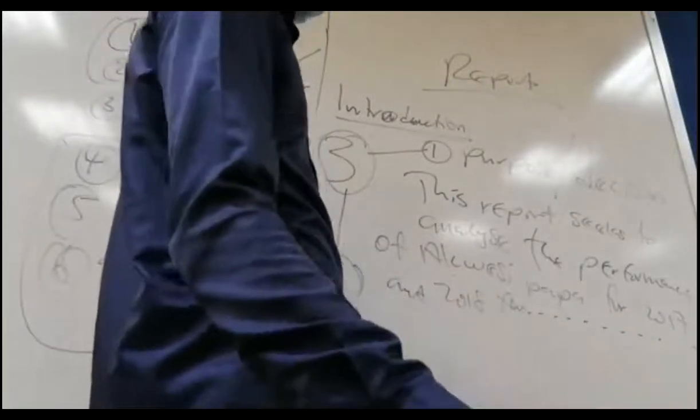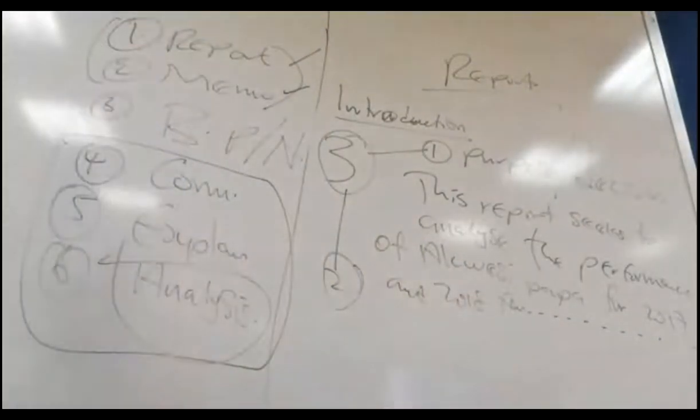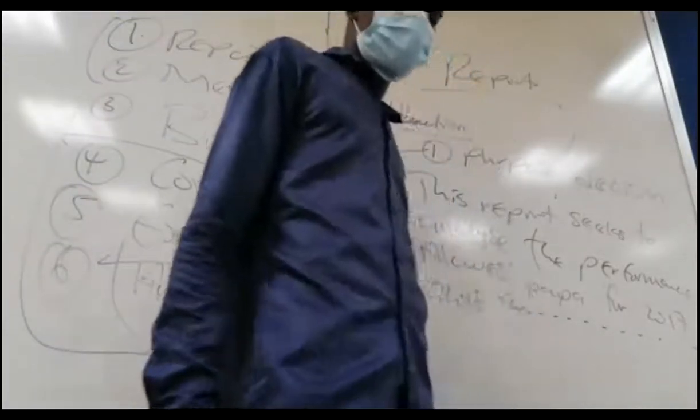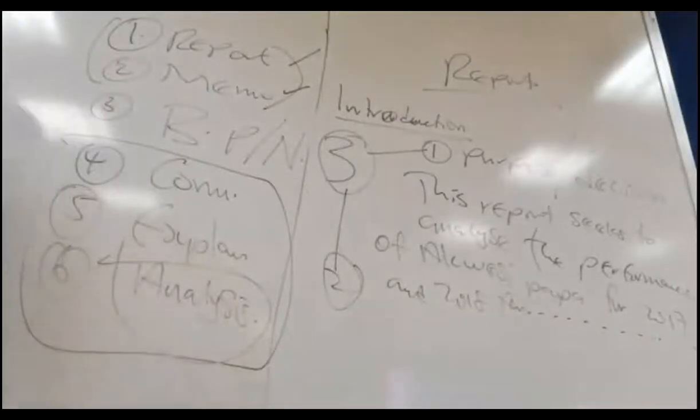So sentence number 2 talks about types of what? Types of analysis and the key ratios.